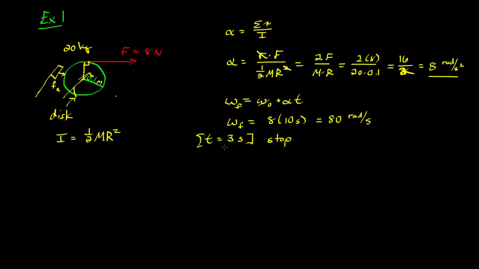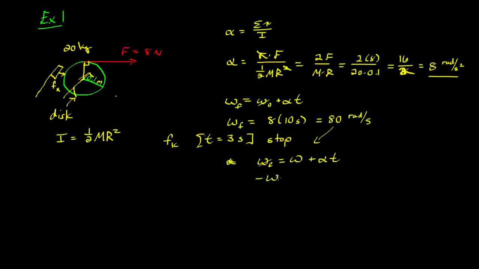Okay, to stop. So we want to know the kinetic friction. What we need to do is figure out the acceleration that we need. We're going to use this kinematics. So my final now is going to be 0, and my initial is going to become this final here, plus the acceleration times t. So this one's 0.